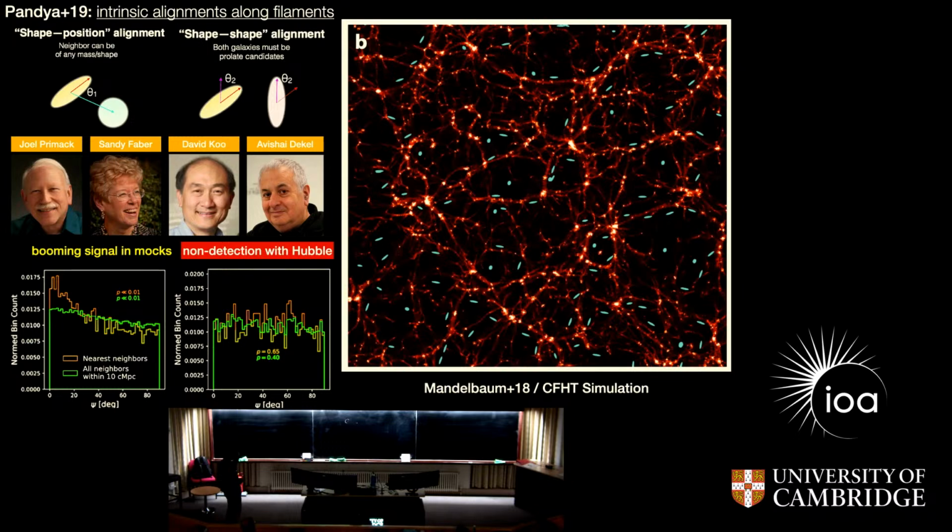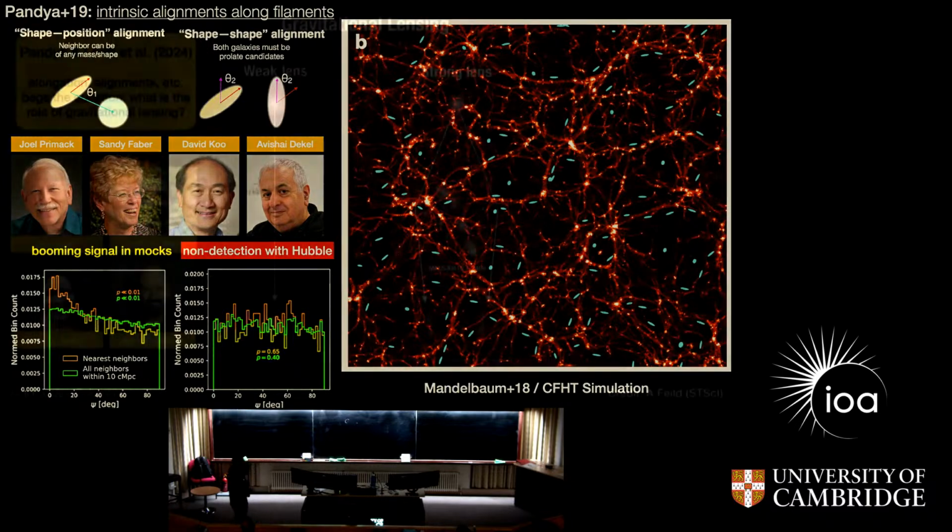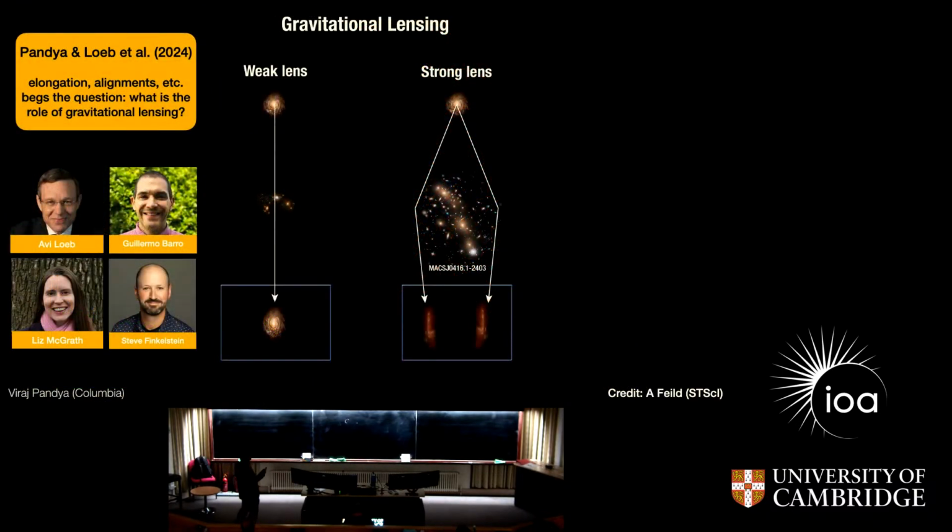And there's many reasons for that, but recently we revisited this question of alignments now in the context of also gravitational lensing, which is the process by which a massive foreground density of material is going to actually bend space-time, and it's going to cause background early galaxies' shapes to be distorted. They become more elongated intrinsically. So this is with my collaborators Avi Loeb, Guillermo Barro, Liz McGrath, and Steve Finkelstein.